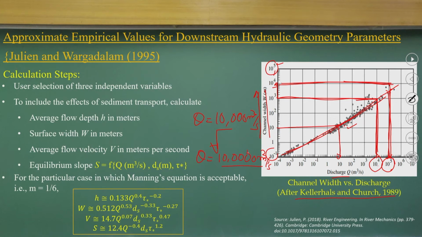Consider the average flow depth h in meters, surface width w, and average velocity v.